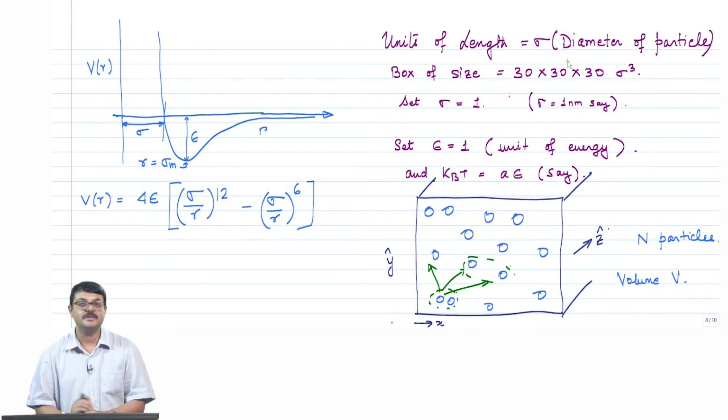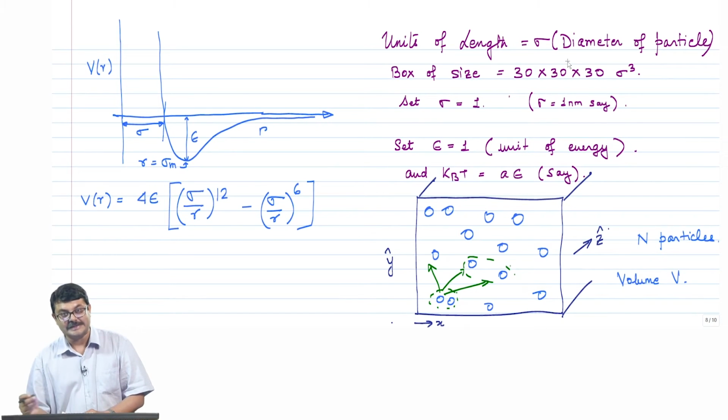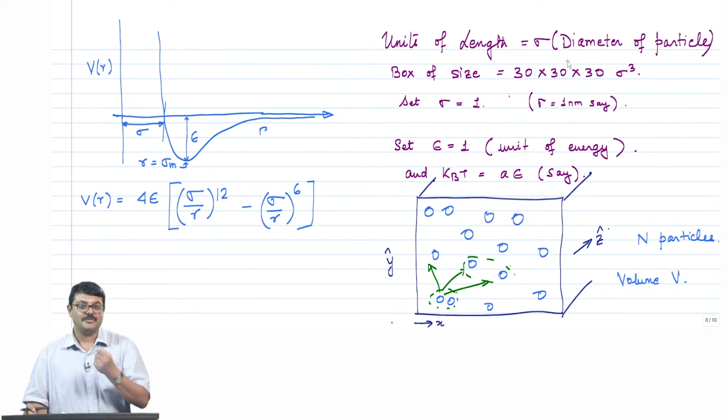Now, in the computer you are not going to put in angstroms. I mean, we are not going to put 10 to the minus 10 meters as units of your simulation. You set your sigma, you say okay, the diameter of the atom is set to 1, whether it be 2 angstrom, 3 angstrom, whatever be it, you set it equal to 1, and measure all other lengths, the distance between particles, in units of that.